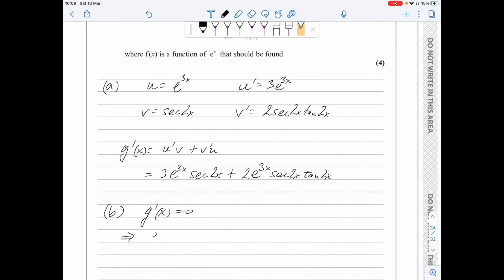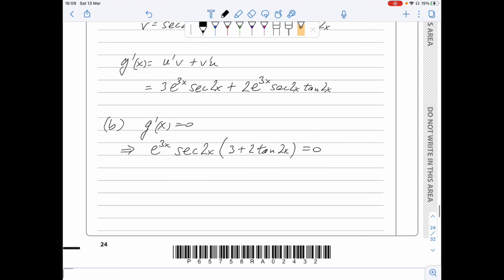So e^(3x) sec 2x [3 + 2 tan 2x] = 0. So e^(3x) = 0, or sec 2x = 0, or tan 2x = -3/2.